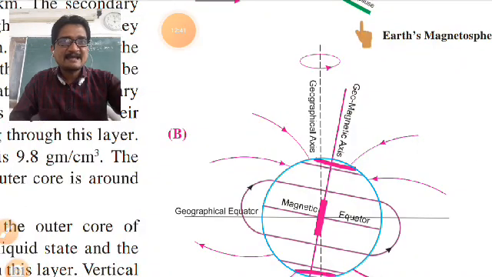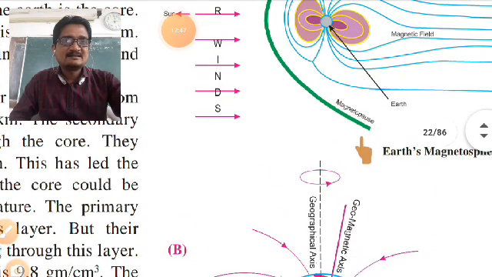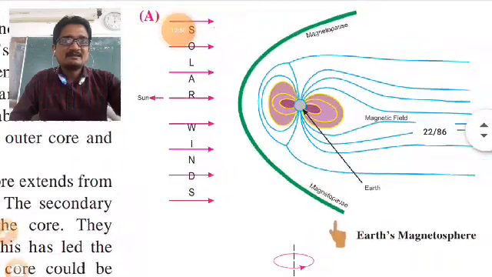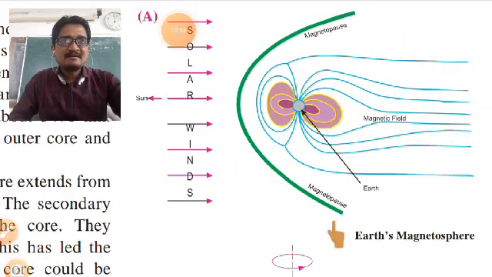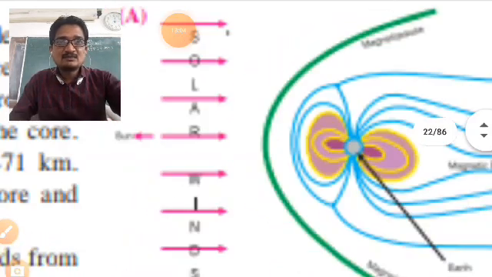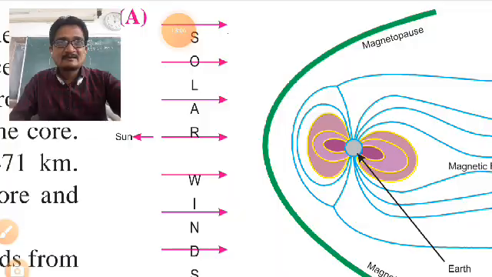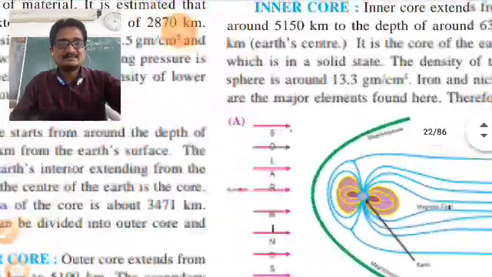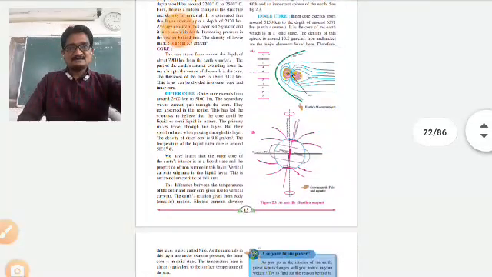It makes an angle towards the geographical axis, and this is geomagnetic axis. This is Earth's magnetosphere. These are magnetic fields and magnetic poles. These are the spiral eddies, means circular waves. It creates circular waves and it protects from these solar winds. So these characteristics, these points you should differentiate in your notebook.